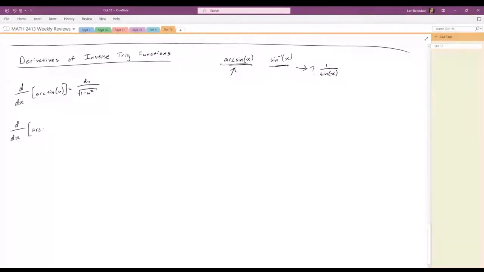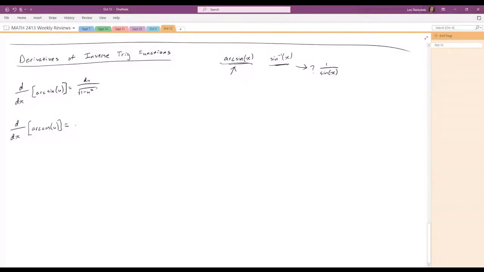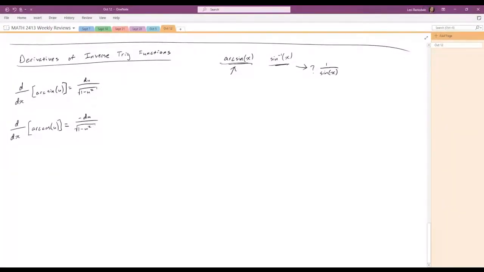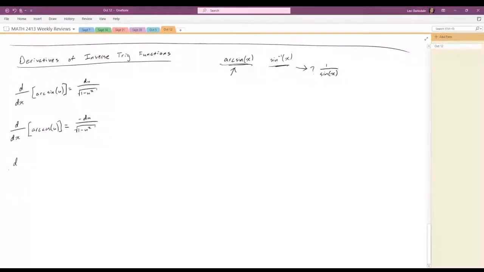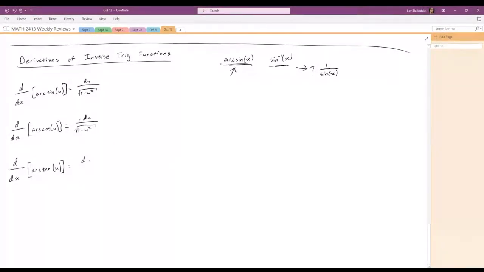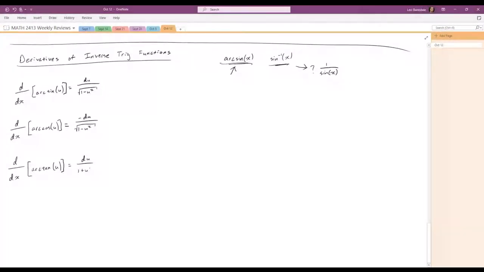Next, we would have arc cosine, and this is just like arc sine except negative. Then we also have arc tangent, and this one is actually du over 1 plus u squared. So this one's a bit different, but still fun.